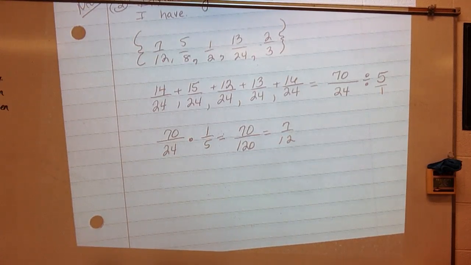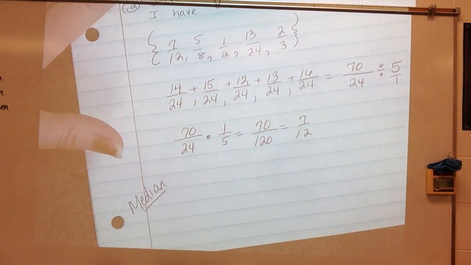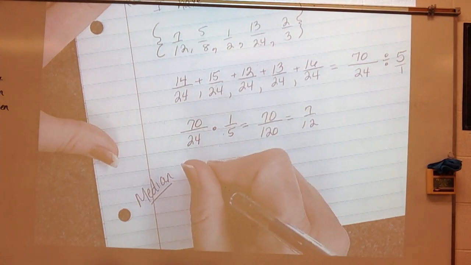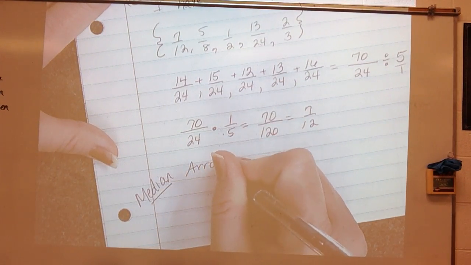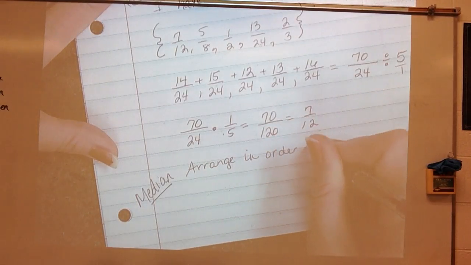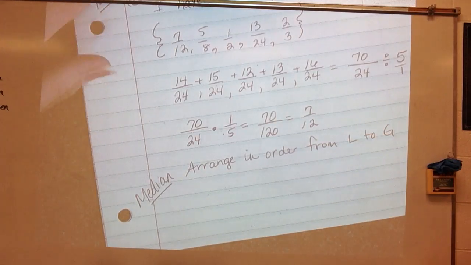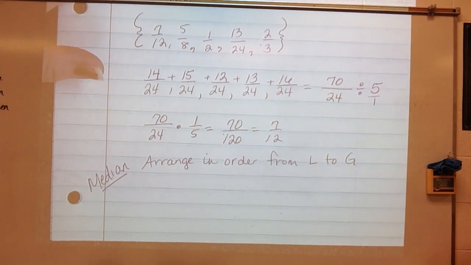Let's think about median for a moment. Median is the middle number. So to find the median, you need to arrange them from least to greatest. Alright, we're going to arrange from least to greatest.